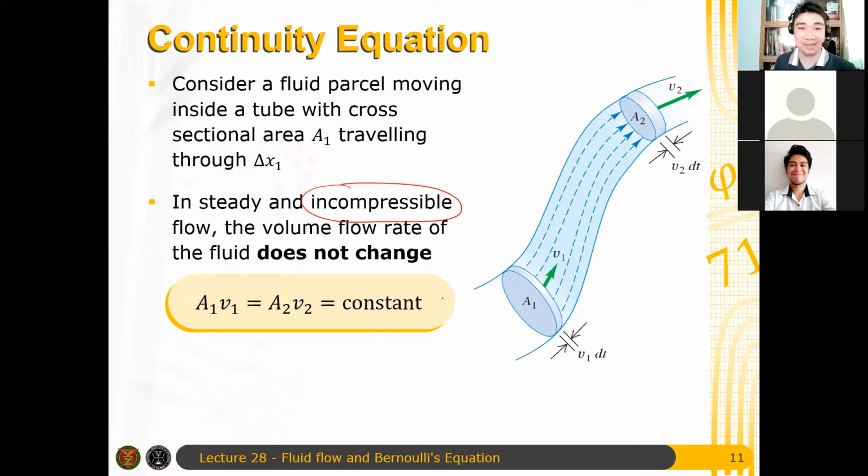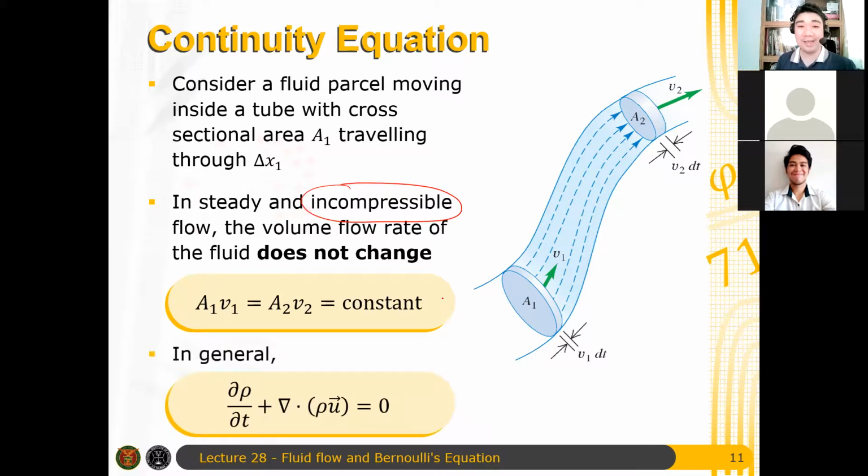In general, this is its form, a more general form of your continuity equation. I won't explain it here. The del dot there is called the divergence operator. U here is some velocity vector and rho here is the density.